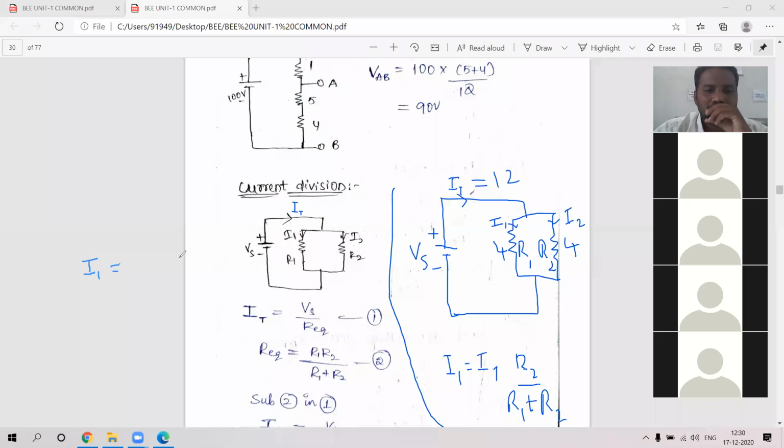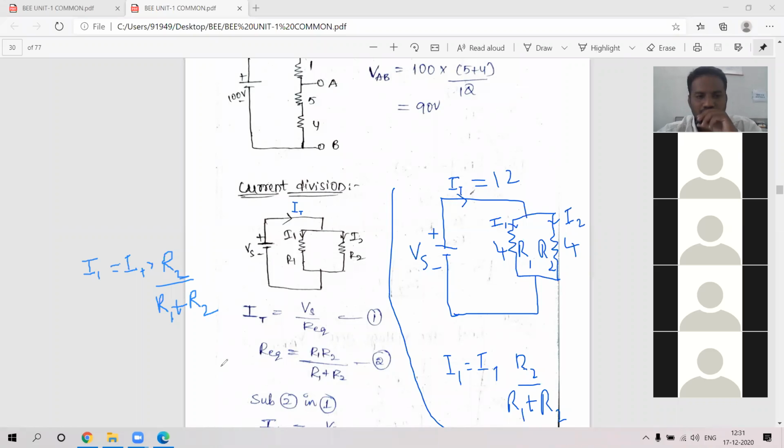I1 is equal to total current into, for this I1, what is the opposite branch? The opposite branch is R2. R2 you need to write, the opposite resistor, by the total resistance R1 plus R2. This is the formula we got. By seeing only we can write.